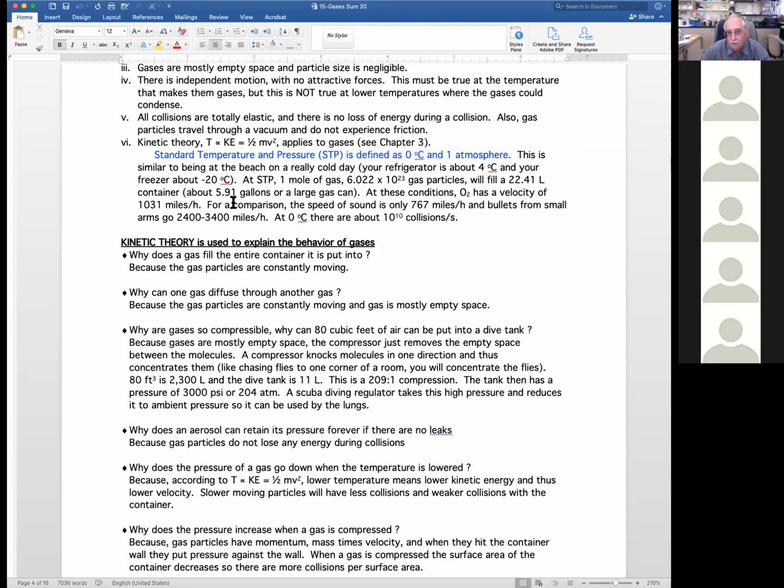So down at the beach at 0 degrees on a cold day, oxygen is going more than 1,000 miles per hour. So to compare that, the speed of sound is less. Bullets from small arms go maybe 2 to 3 times faster than these, but they're booking. In that container, there's about 10 billion collisions per second.